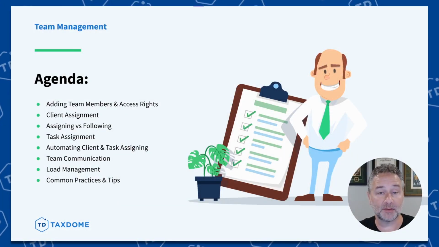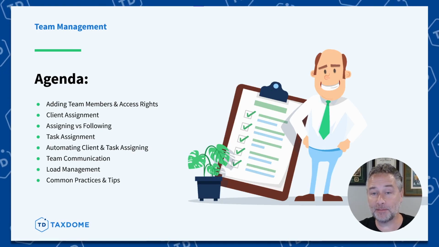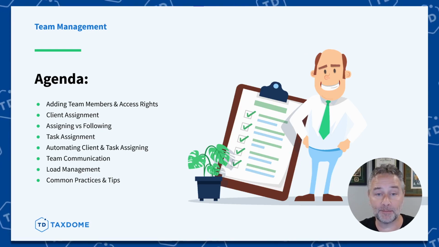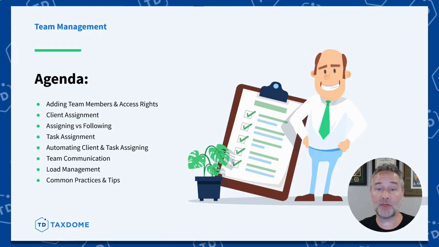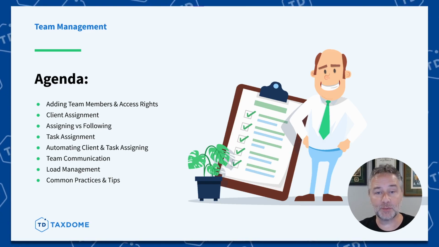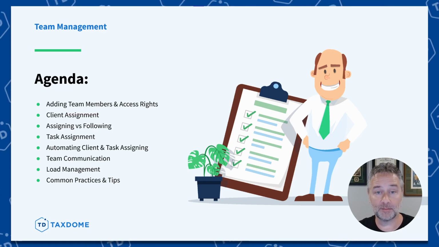So let's take a look at what we'll talk about today. First, we'll go over how to add your team members, and then we'll talk about the access rights that you can give them. Once we're done with that, we'll talk about how to handle client assignments and the difference between being assigned and following an account.